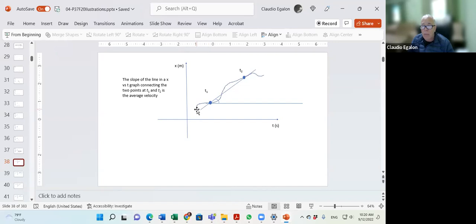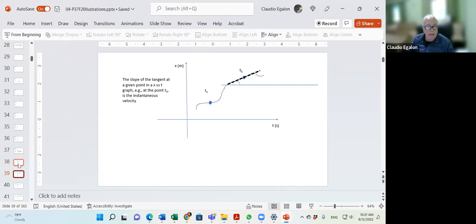Because the slope between those two points is very steep, and its velocity is very slow here because the slope in this region is very shallow. The average velocity between this point and this point is the slope of this line. But what about the instantaneous velocity?